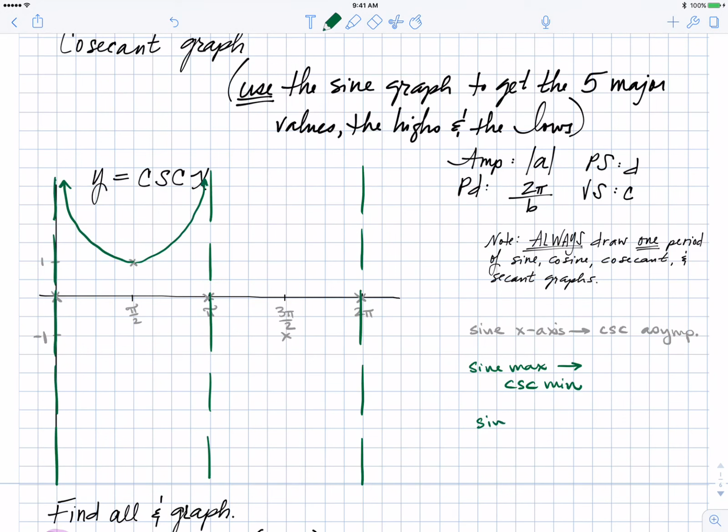My sine minimum will become my cosecant max. So here we have sine min. It'll be the top of this piece of my cosecant graph. And there you have secant and cosecant parents.